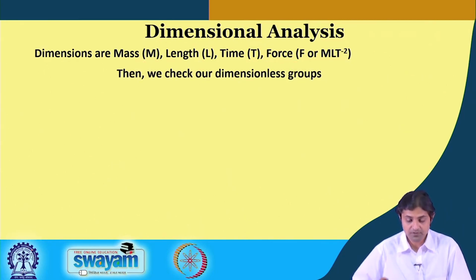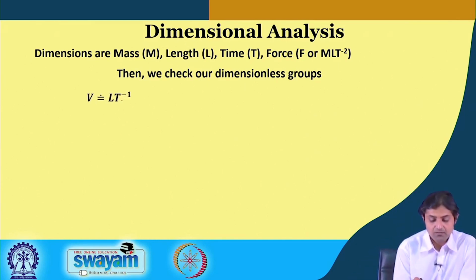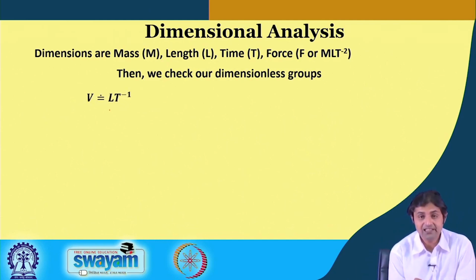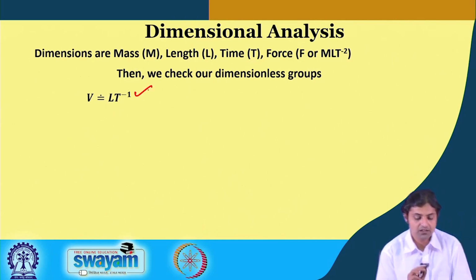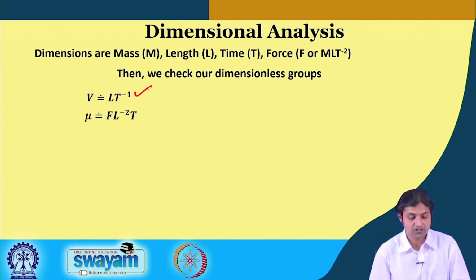Now, going back to the previous problem, we should check our dimensionless groups. Were those 2 groups really dimensionless or not? The velocity is meters per second or LT minus 1, it is distance per unit time. So, LT minus 1 is the dimension of velocity.